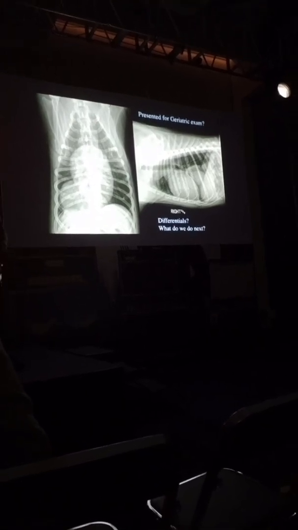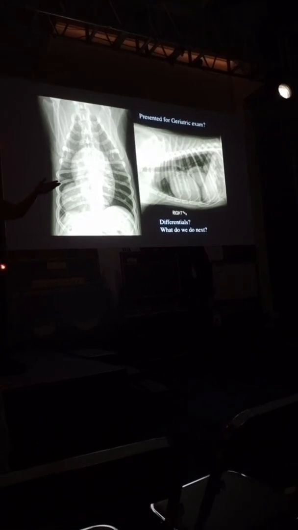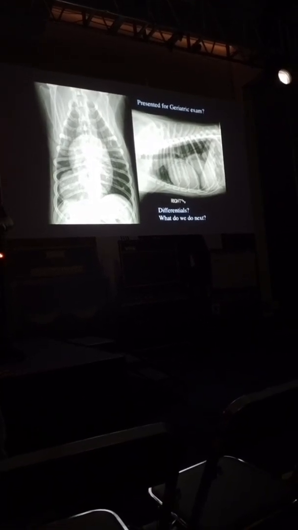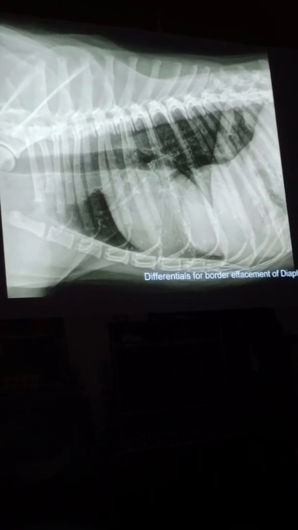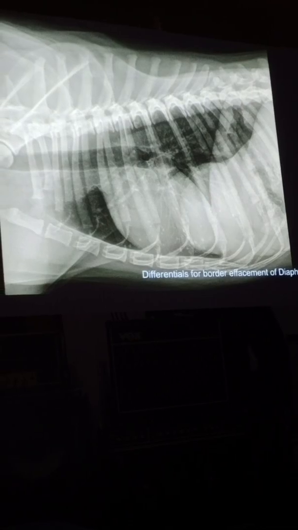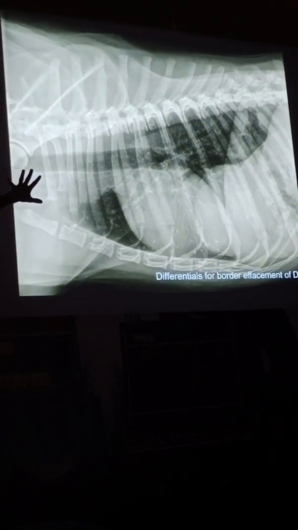Okay, so what did we do on this? There are a couple of things that help us. Number one is border effacement. It could be a pulmonary mass. But we did a left lateral. Here's the left lateral. Remember what we look for with extrapleural disease? Remember our rib lesion?